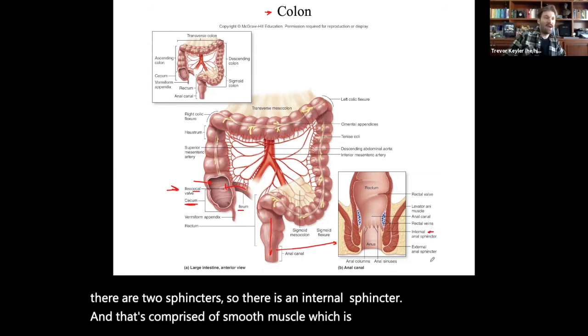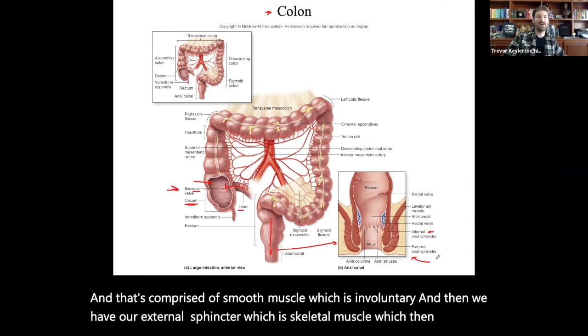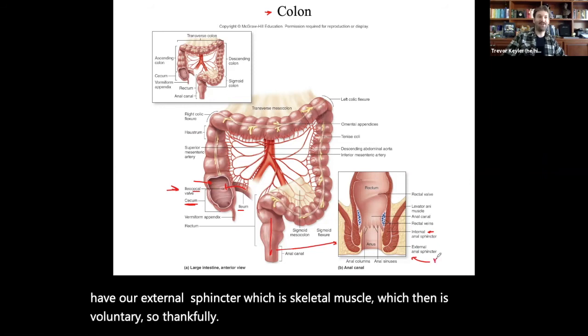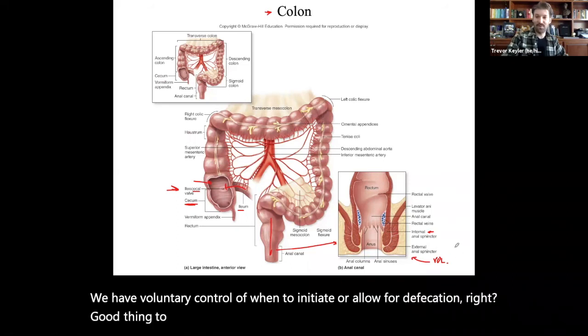And then we have our external anal sphincter, which is skeletal muscle, which then is voluntary. So thankfully, we have voluntary control of when to initiate or allow for defecation. Good thing to have voluntary control over. So we have that ring of skeletal muscle there.